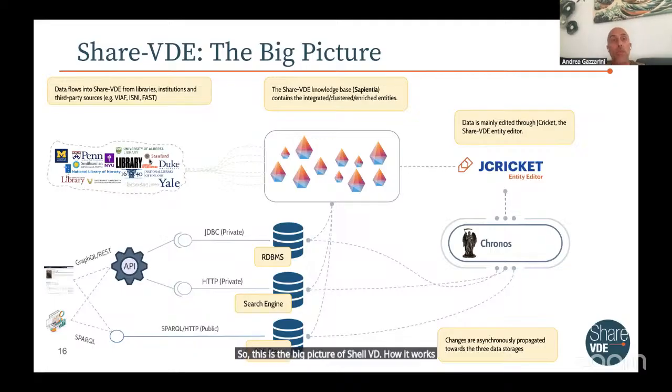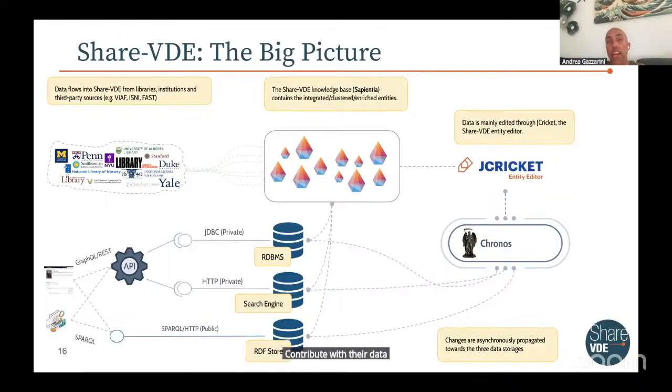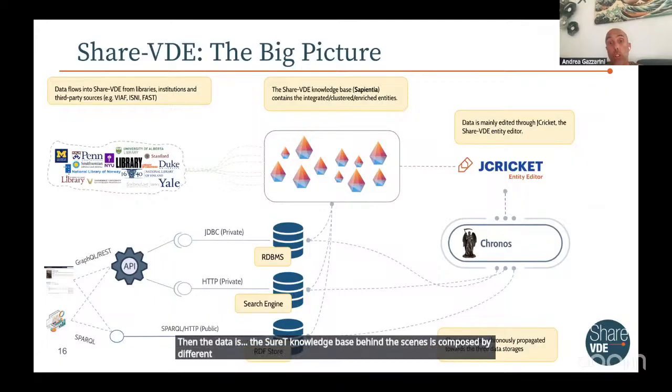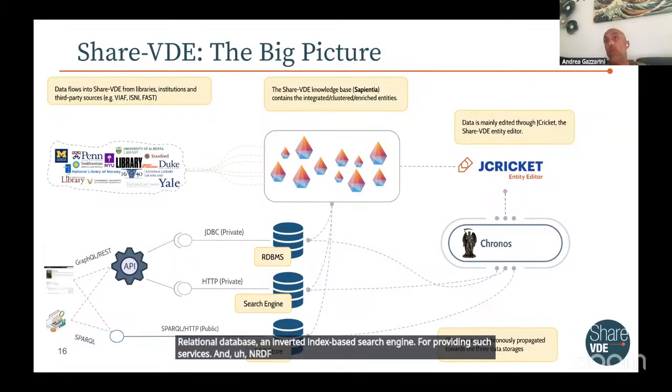On the left side, we have the participants, the libraries that contribute with their data and create the Shared VDE knowledge base. Behind the scenes, the knowledge base is composed of different kinds of storage: a relational database, an inverted index based search engine for providing search services, and an RDF store that contains RDF data.